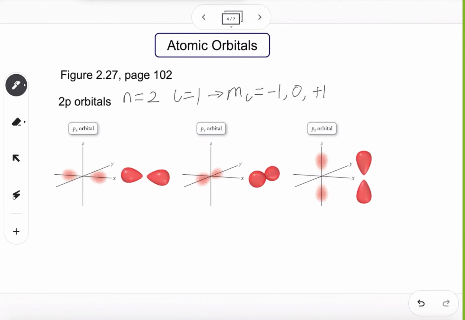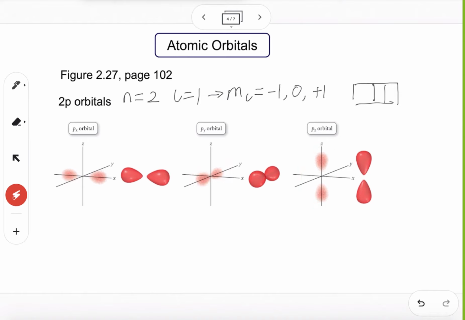So based on the number of the ML values, three values, that means three atomic orbitals can be defined, if you happen to remember what we had in topic number 2. All right, that's why you see these three 2p orbitals. This is px orbital, this is py orbital, and this is pz orbital.